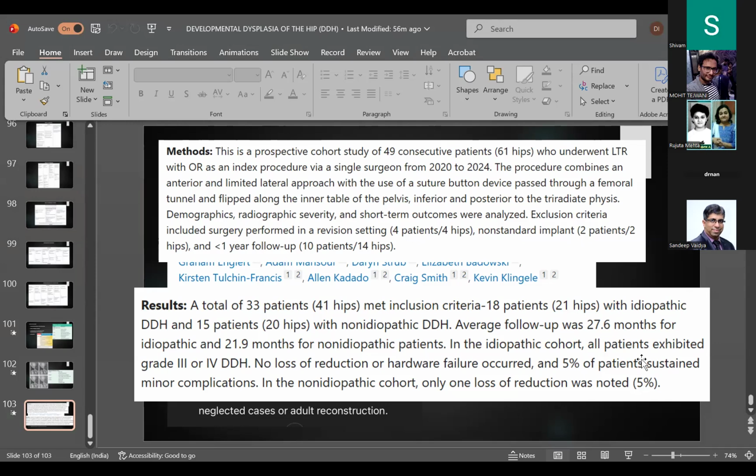I mean, he claims the hip becomes so stable that they have stopped using a hip spica. And also now, if it is bilateral, they proceed with bilateral in the same sitting, just because he claims that this gives the hip that much stability, that once you tie that suture anchor, the hip just doesn't dislocate. So I don't know what to comment on that, but that's their claim, that the hip becomes so stable after doing this.